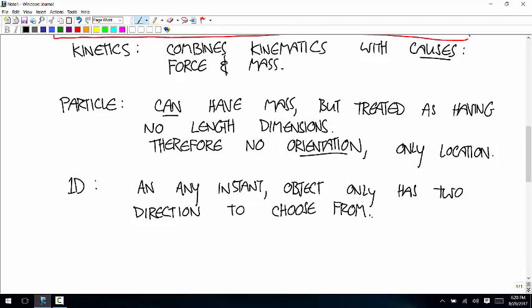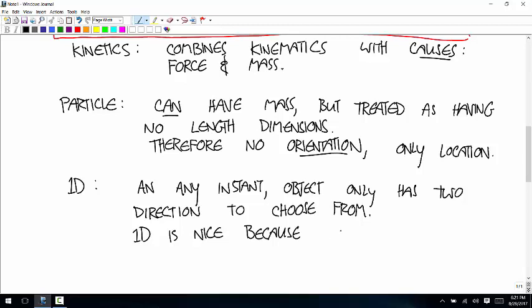And the nice thing about 1D is that since at any instant there are only two possible directions it can go, that's exactly the same number as signs.